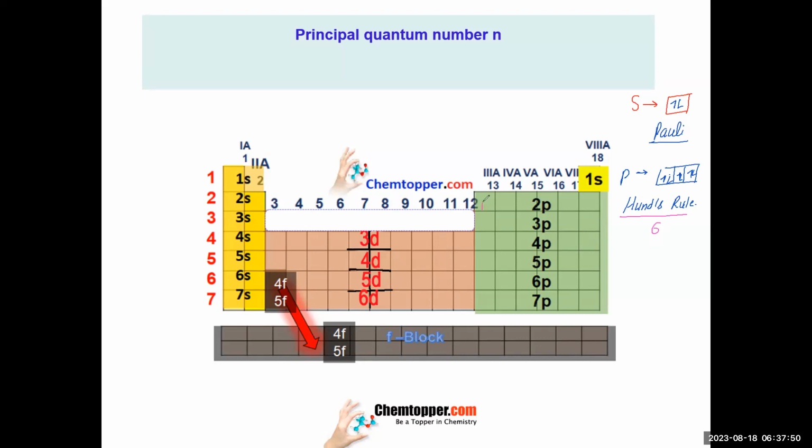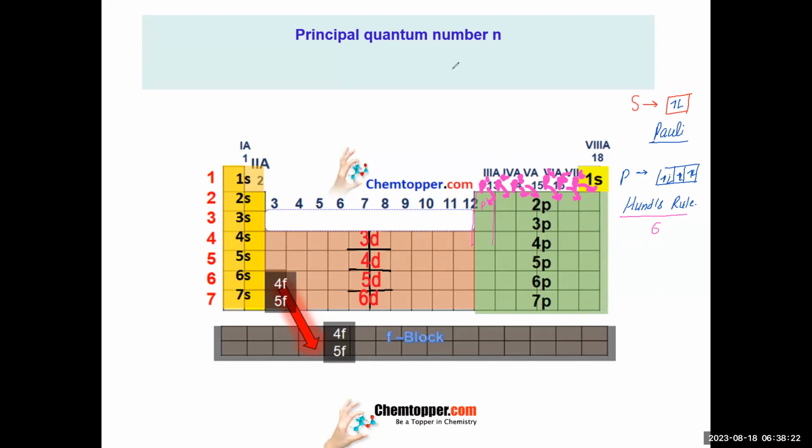This is p1, p2, p3, p4, p5, and p6. There is some order not correctly done, but that's fine. You have understood this, p1 to p6.